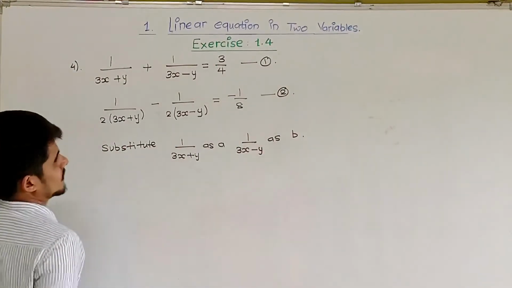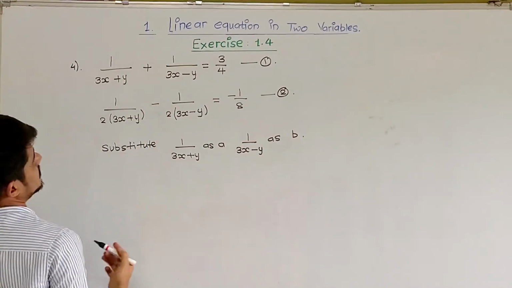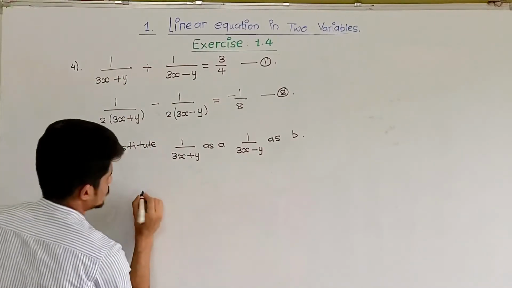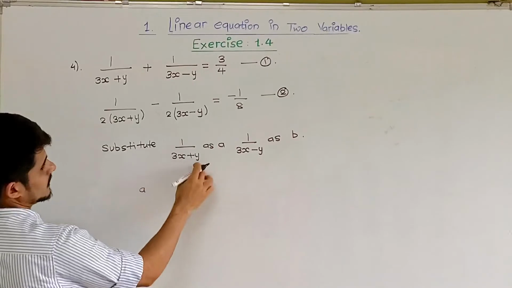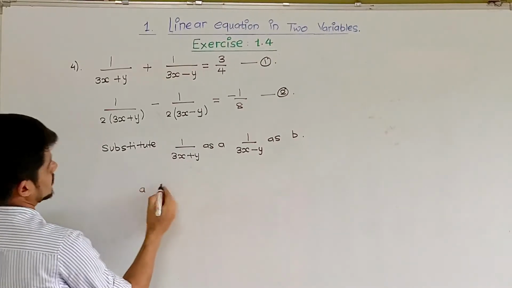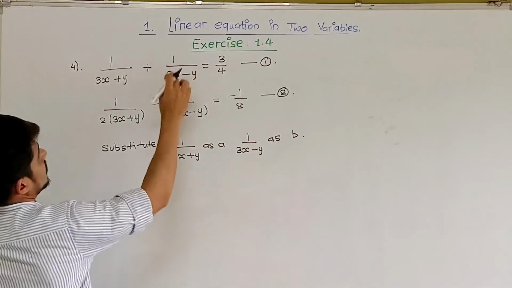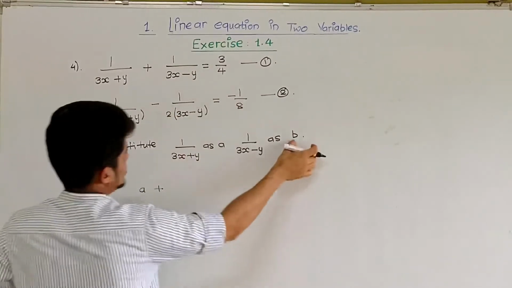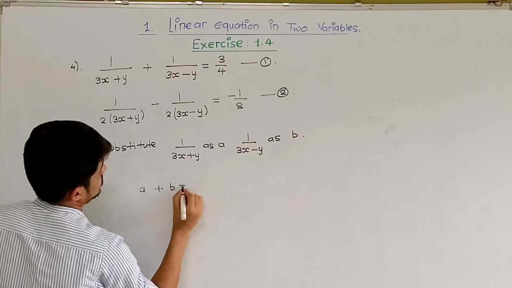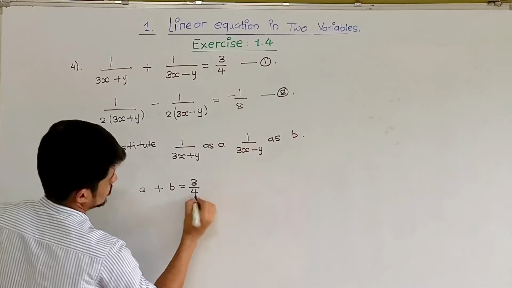So equation 1 will become 1 upon 3x plus y, that is a, plus 1 upon 3x minus y, that is b. A plus b is equal to 3 by 4.